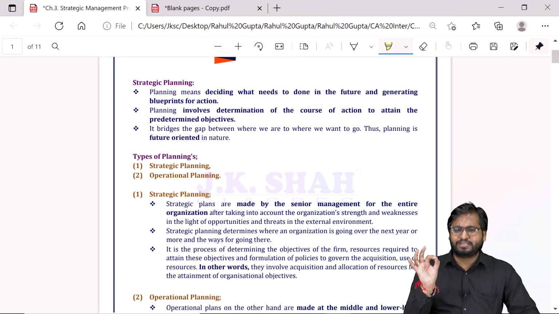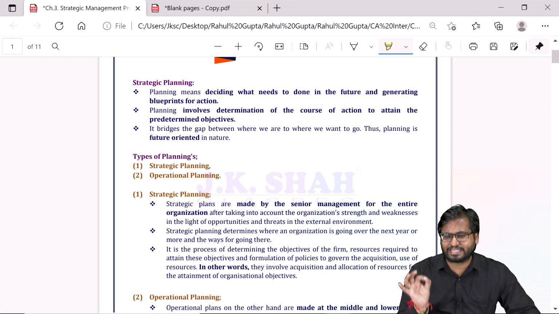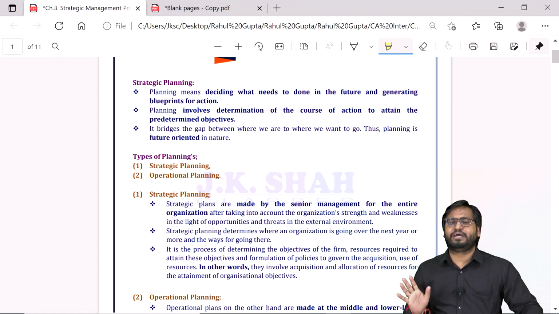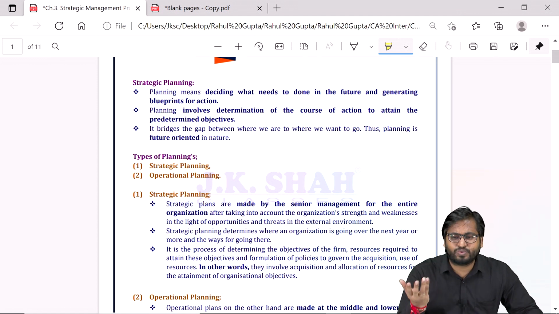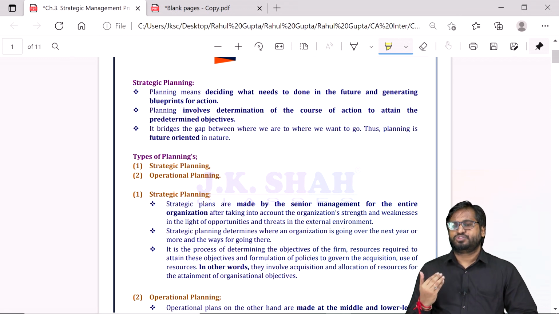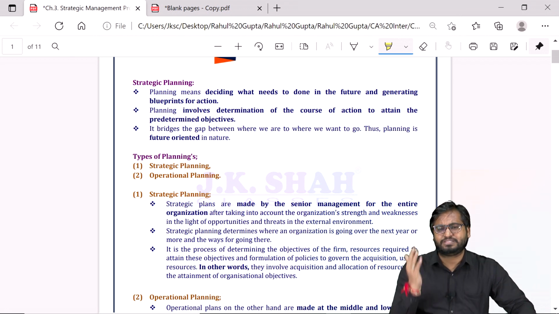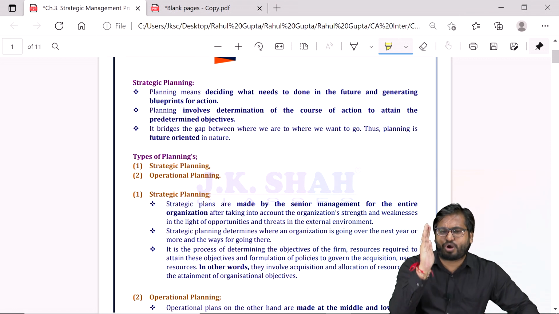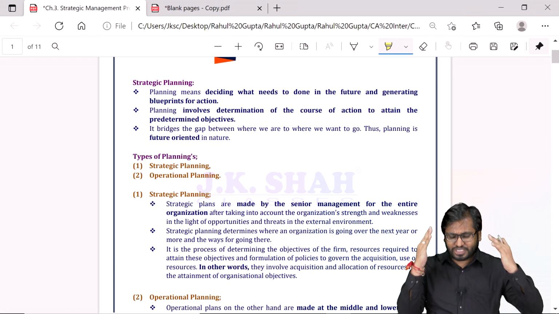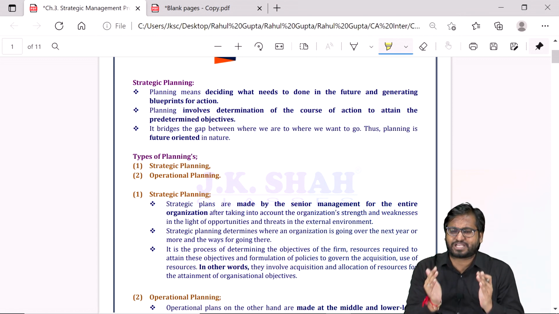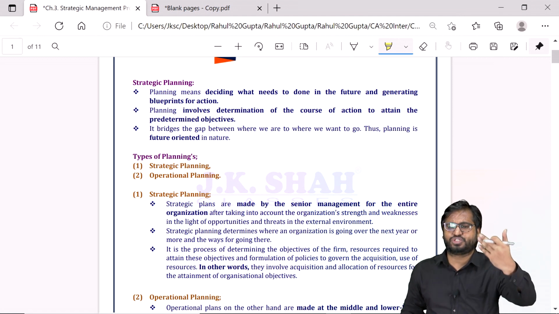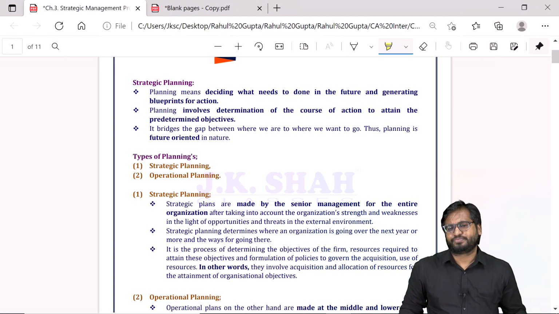Planning in simple terms means deciding in advance what is to be done, how it is to be done, who will do it. All this comes under planning. So, planning in strategic management means deciding what needs to be done in the future and generating the blueprints for action. What steps I should take in order to achieve organizational objectives.